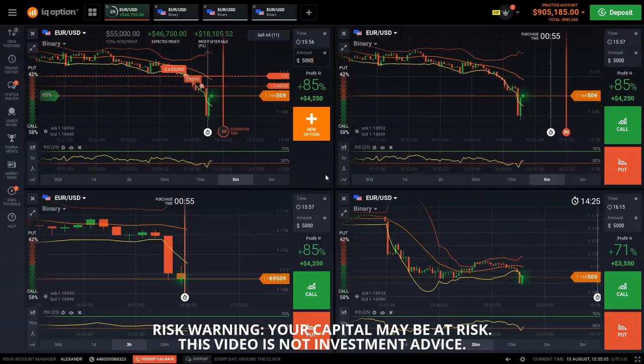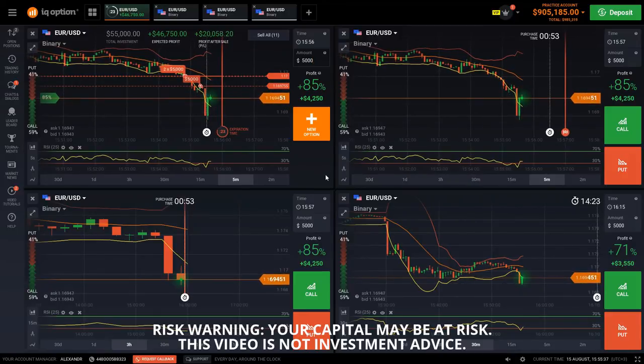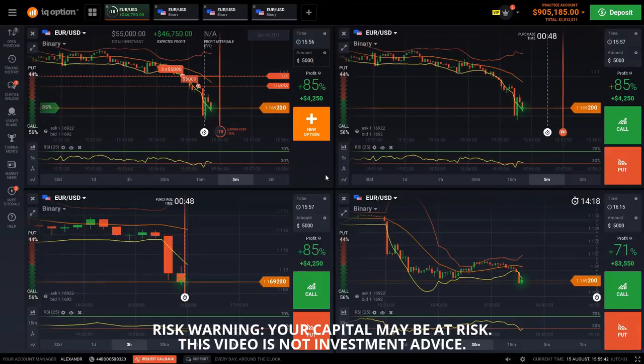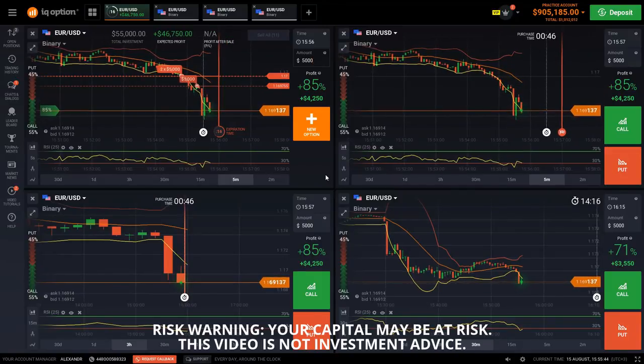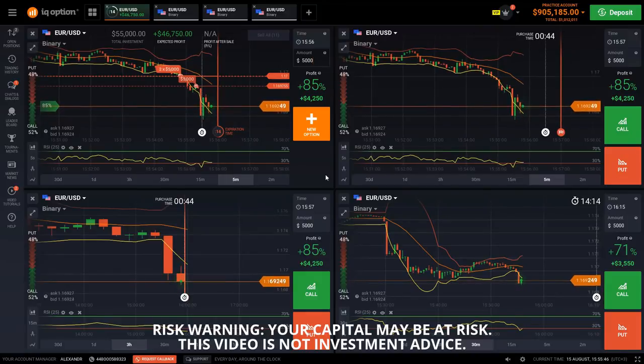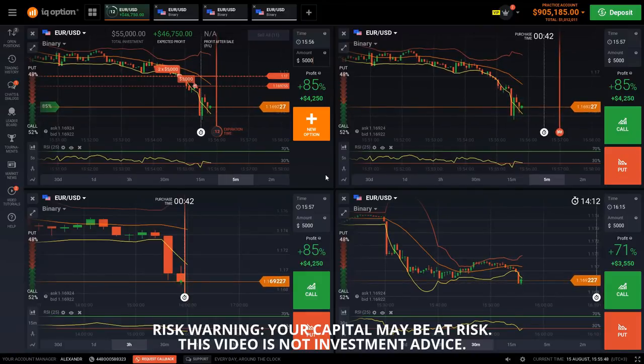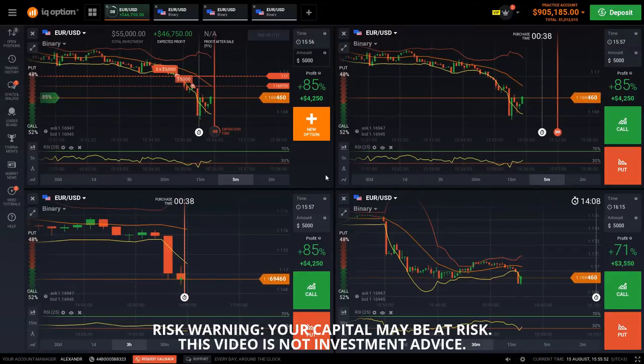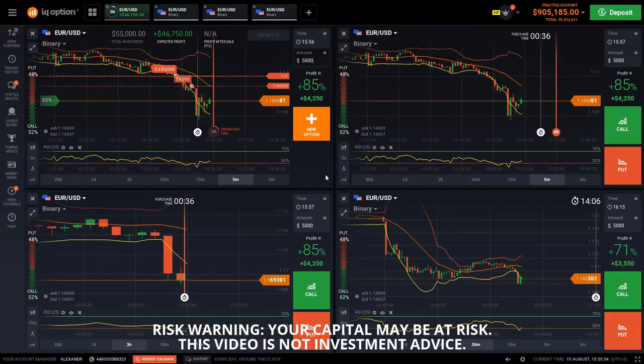So now I changed the left top window to 5,000 and continually trading towards downwards. This is a $55,000 trade, and it's working very nicely.